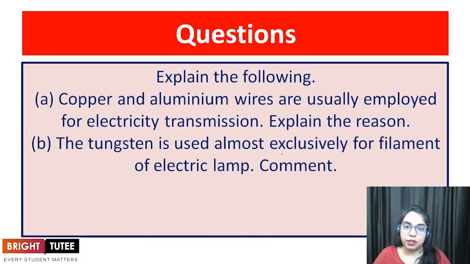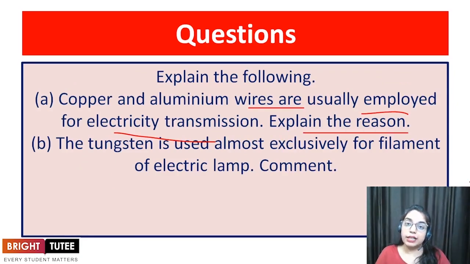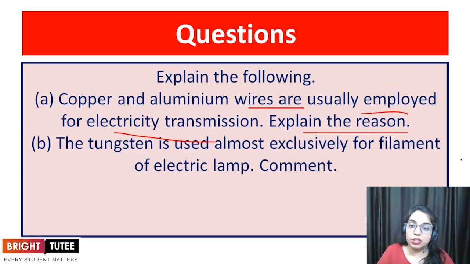Okay. Then the next question, explain the following. Copper and aluminium wires are usually employed for electricity transmission. Explain the reason. So children, before selecting the wire for such a purpose, for electricity transmission, we use copper and aluminium wires. Why?